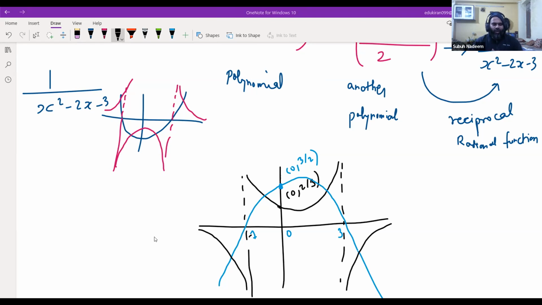Now, if it is like minus 2 by x square minus 2x minus 3, in such cases you take the denominator as a polynomial and draw that graph. Then you change that polynomial into the reciprocal of the given function and draw the reciprocal function.